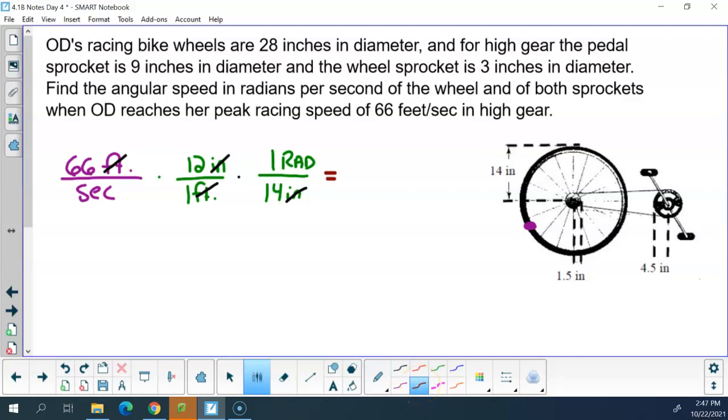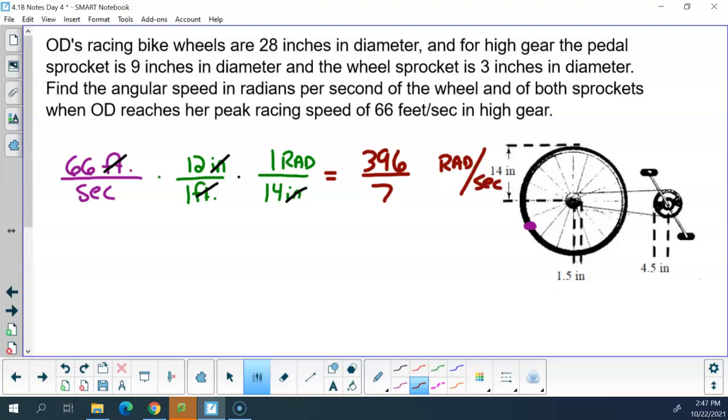So what is this going to reduce to? 33 over 7? No, 396 over 7. Yep, 396. Over 7 radians per second, right?